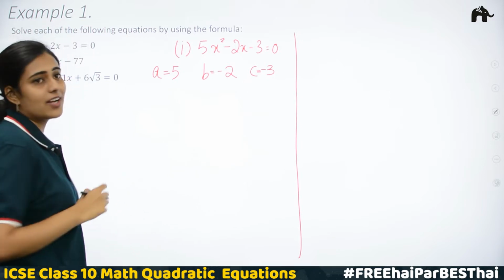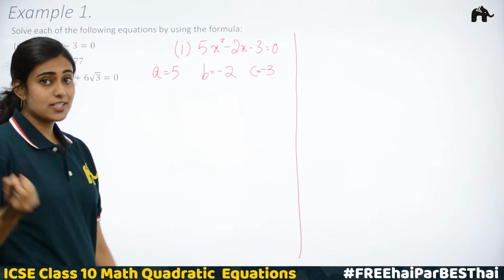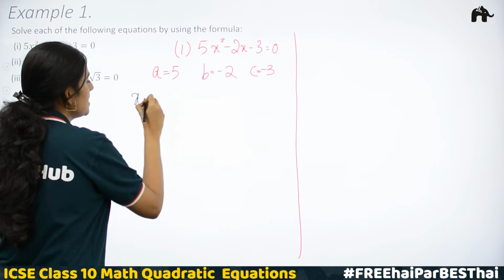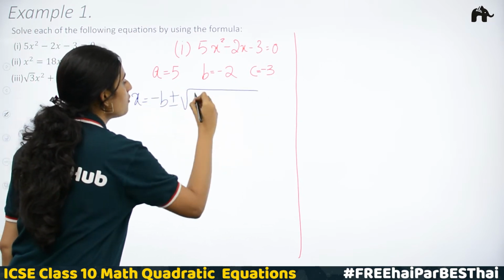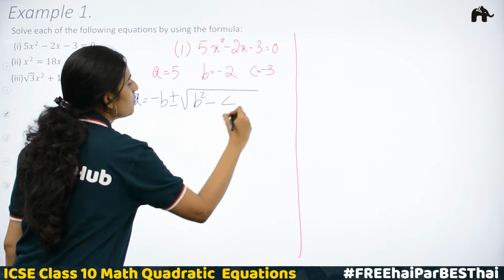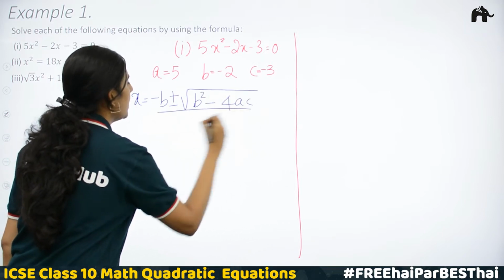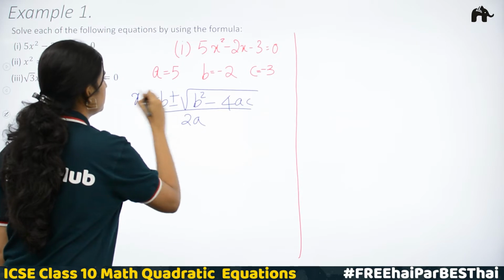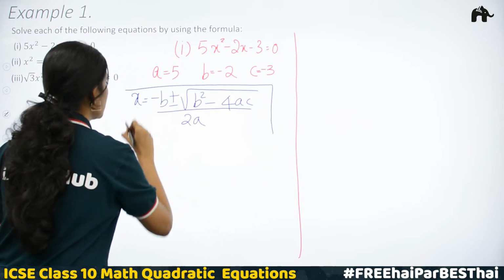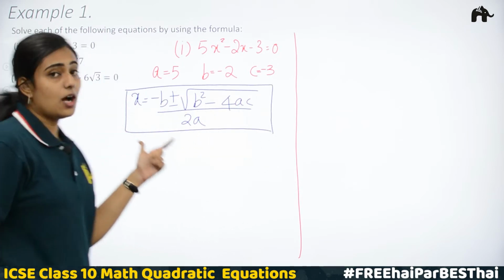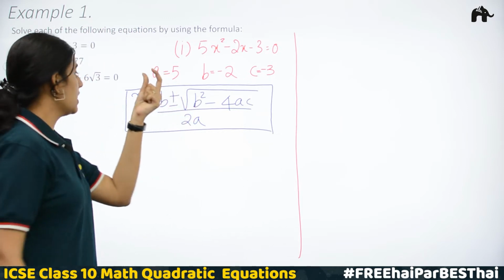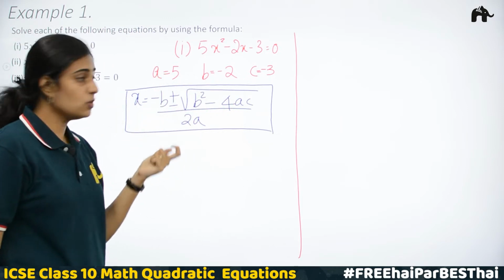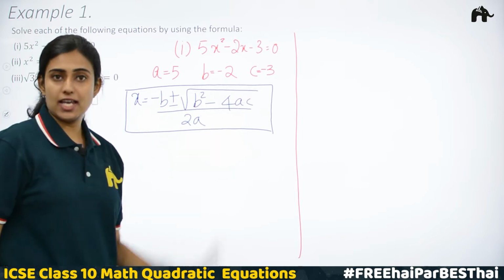What was our quadratic formula? Our quadratic formula is x is equal to minus b plus or minus root of b square minus 4ac divided by 2a. Now, we are going to substitute the value of a, that is 5, value of b, that is minus 2 and value of c, minus 3.